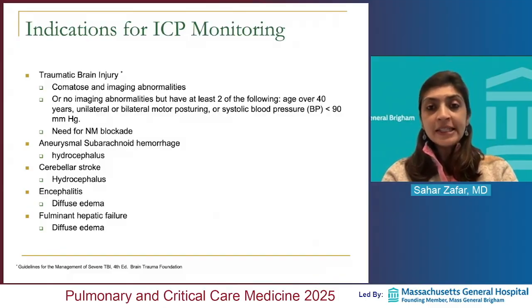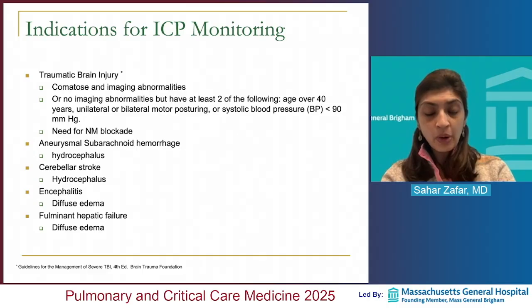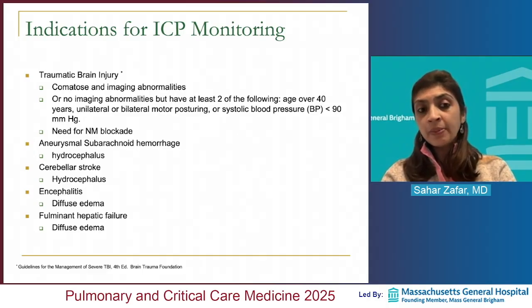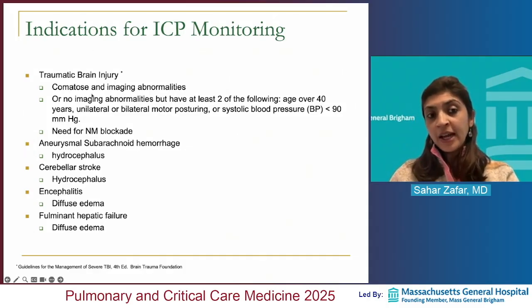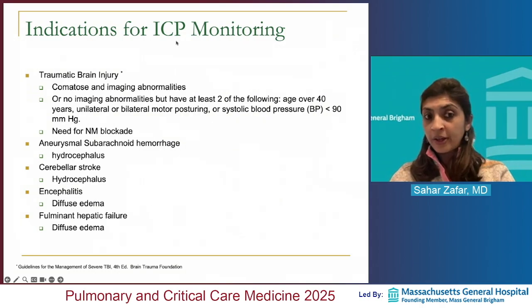There are certain key diagnoses that we do use intracranial monitoring for, the most common being traumatic brain injury. And the Brain Trauma Foundation, in fact, has guidelines that provide indications for intracranial pressure monitoring.